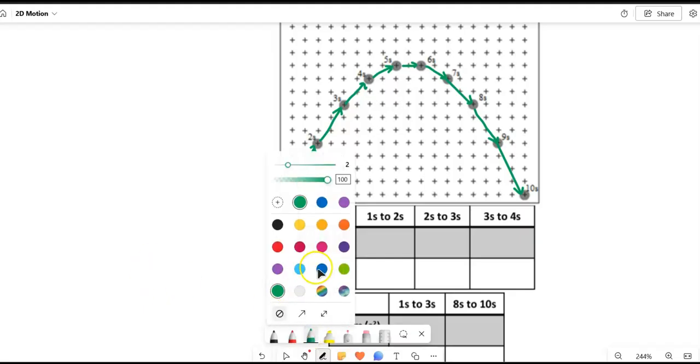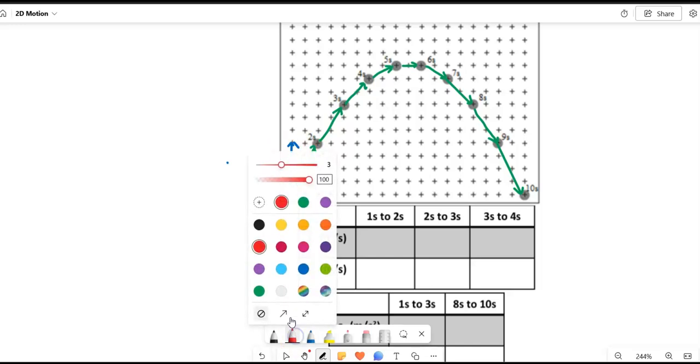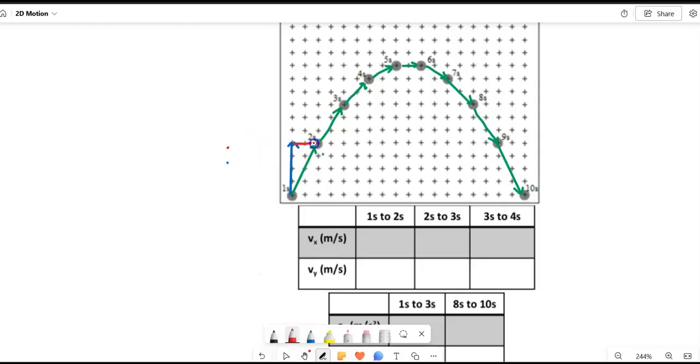So the velocity vector from 1 to 2 seconds was moving up. It looks like it moved up 1, 2, 3, 4, and it's moving to the right 2 places. So these are both the components of the velocity vectors in the x direction and y direction.